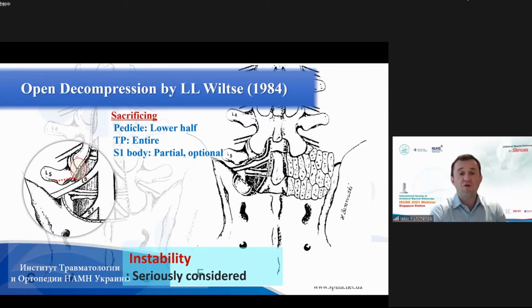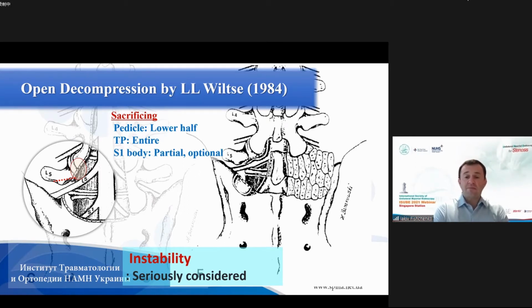The first open decompression of the entrapment of the L5 nerve root was suggested by Wiltse in 1984. He removed the lower half of the pedicle, the entire transverse process, and part of the S1 body. And from the other side, he put bone material for good arthrodesis of the lower spine.